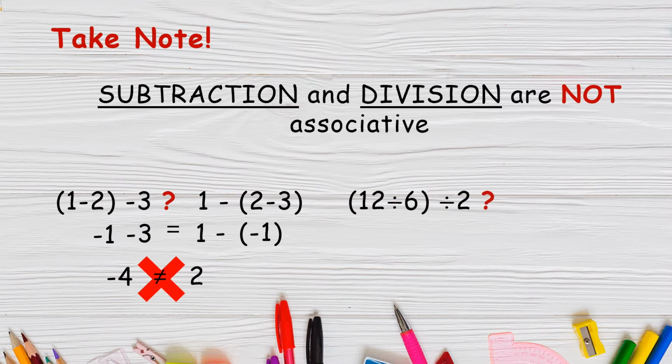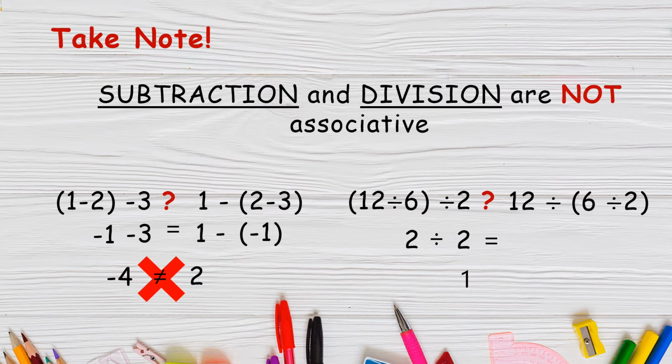In division, the quantity of 12 divided by 6 divided by 2 is equal to 12 divided by the quantity of 6 divided by 2. The quantity of 12 divided by 6 is equal to 2. Divided by 2 is equal to 1.